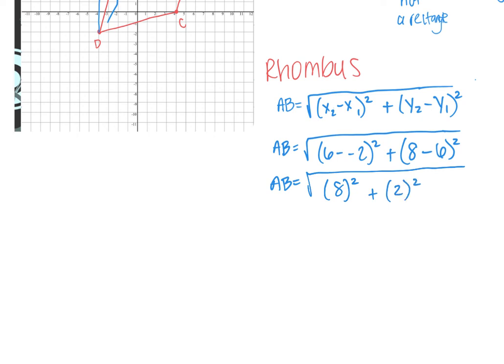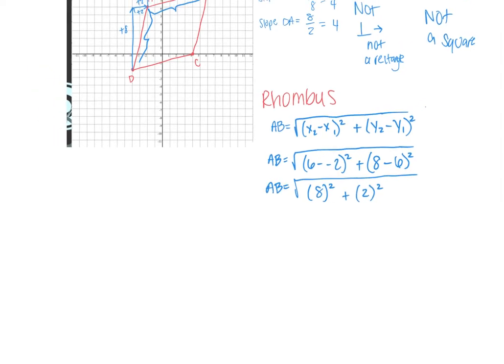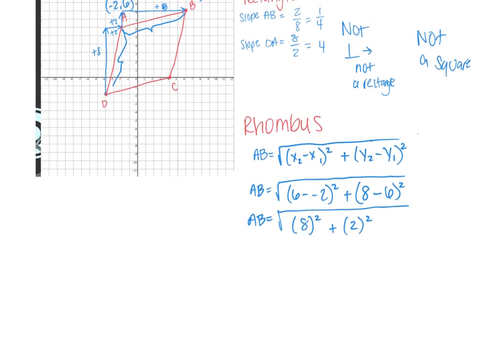Now, before we move on, what was our slope of AB before we simplified? 2/8. Do you see how the 2 is the change in the y and the 8 is the change in the x? Remember how slope is rise over run, right?